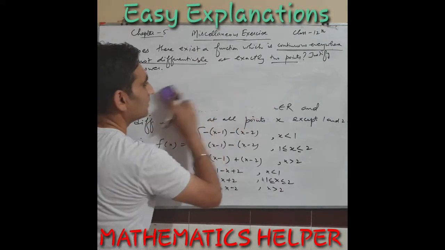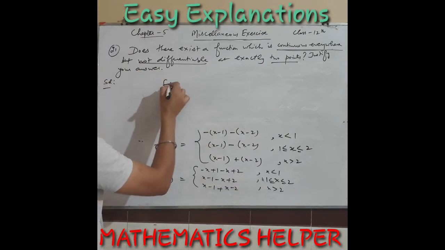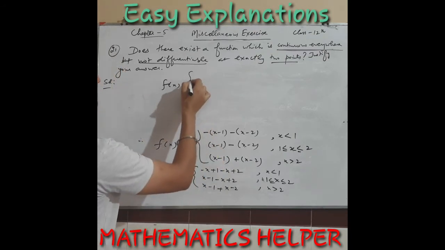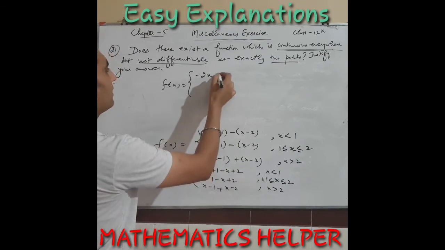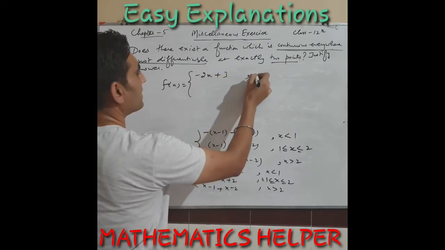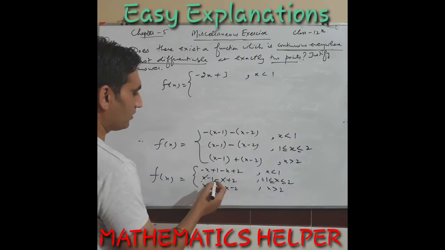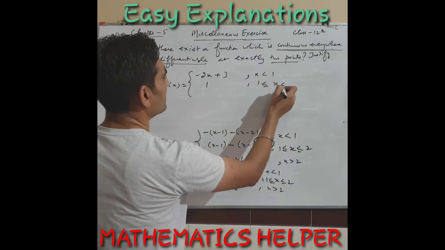So I'm going to erase it. Solve it, write f(x). What is f(x)? Now it is -x - x, that is -2x, then plus 2 plus 1, 3, so -2x + 3 for x less than 1. What about this? x cancelled. You have 2 minus 1, only 1, for 1 ≤ x ≤ 2.